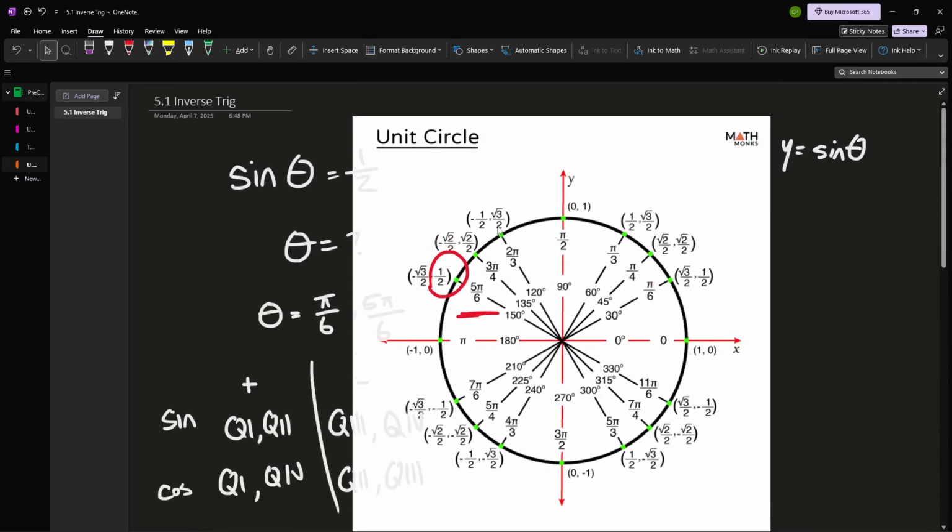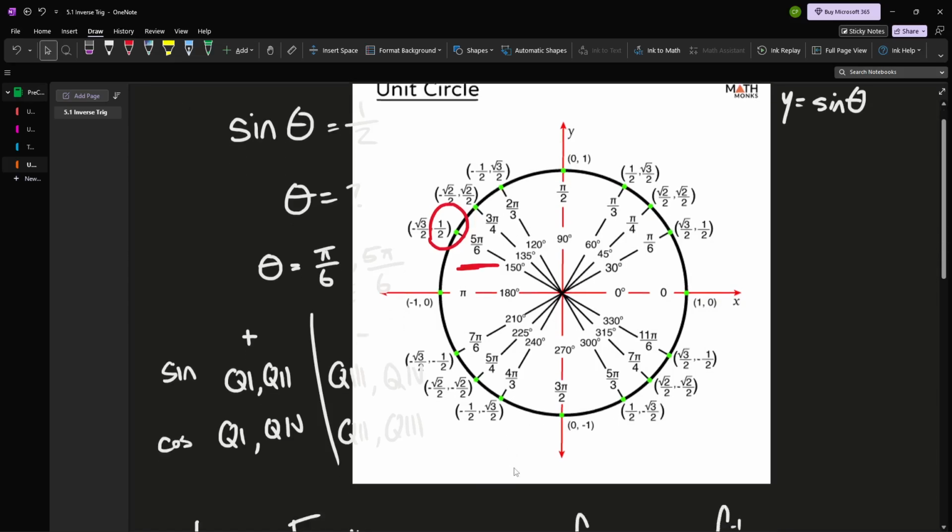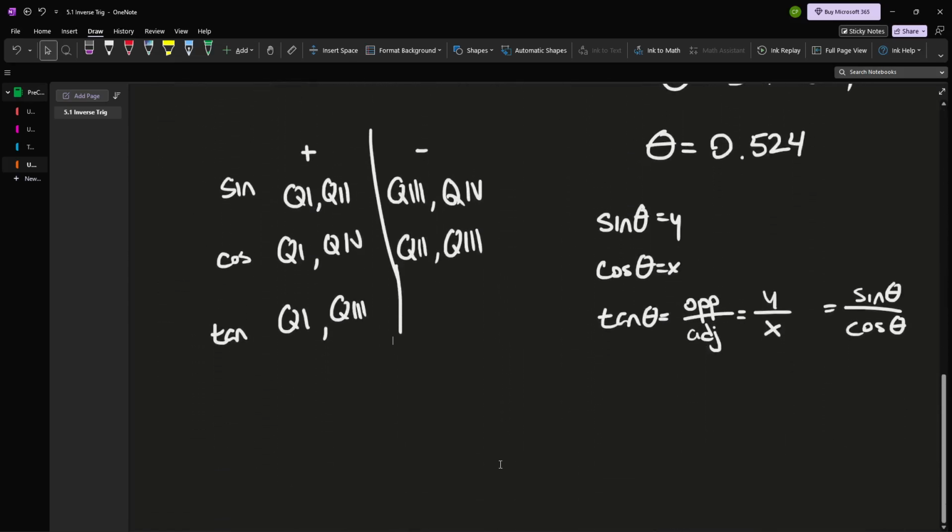So at quadrant 2, positive y, negative x, that gives me negative. Negative y, positive x, that's negative. So this is something you can straight up memorize or look at your unit circle and keep track of. Remember how we derived it and how we found these conclusions.